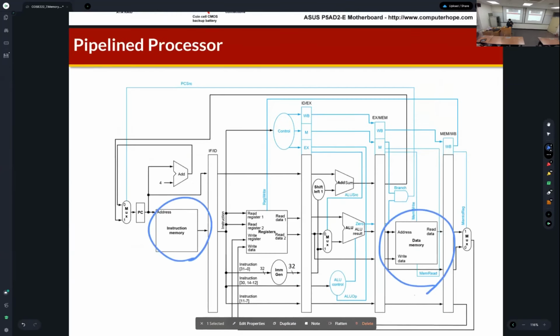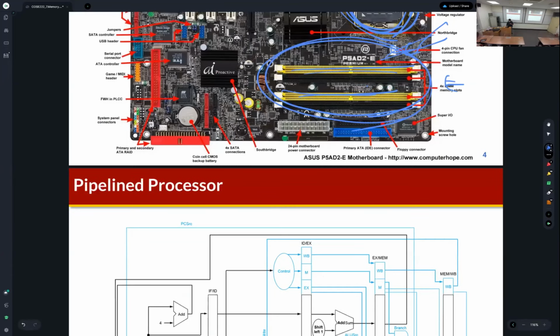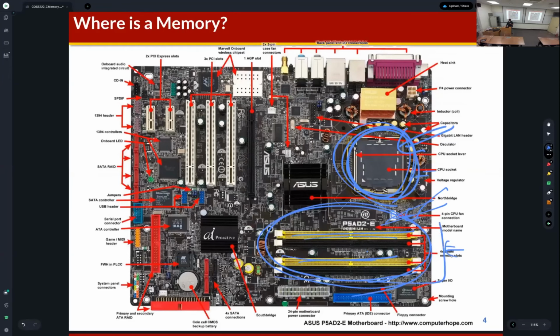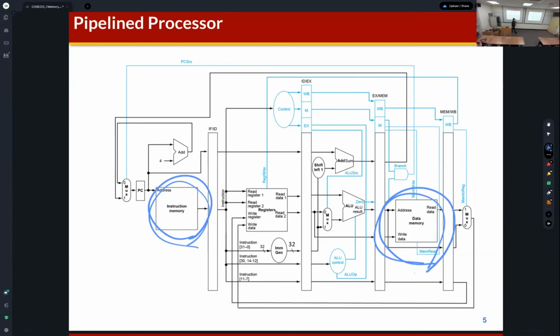But in chapter 4, we learned that the instruction memory and the data memory are included in the process architecture. In a real computer system, they are physically separated, but in chapter 4, we learned that memories are included in the process architecture. So what does that mean?